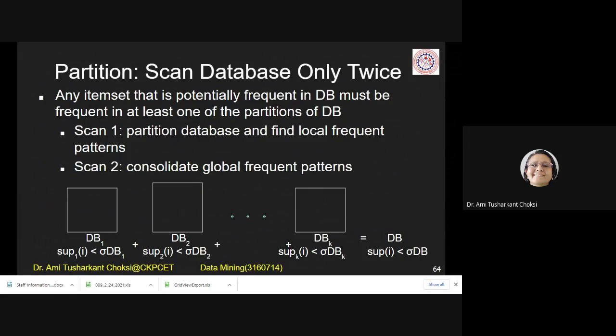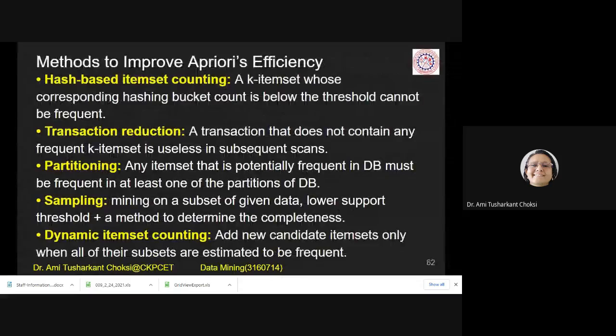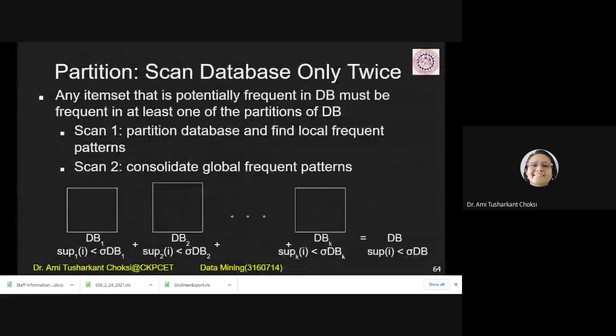So the first algorithm of all these algorithms, let's see. Partition. The way we want to apply is partition. What we want to do is improve our Apriori algorithm's efficiency. Fine. Okay. Because it has limitations and we want to improve that. So what do we do? Any item set that is potentially frequent in the database must be frequent in at least one of the partitions of the database.